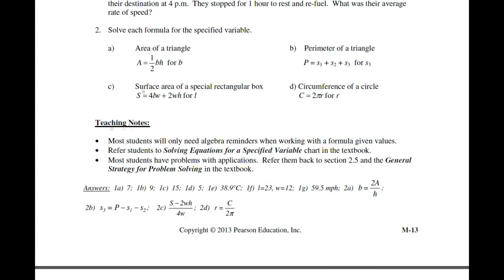All right, let's go on to our last one here. Now, the circumference of a circle for R. Again, this is a product, so we just divide out the items we don't want. Divide both sides by 2 pi.